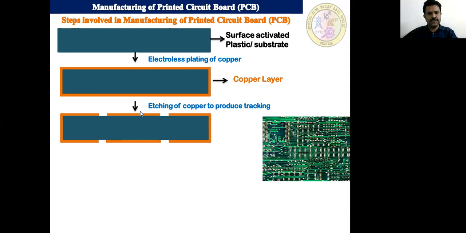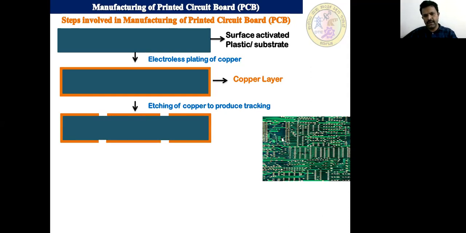That is the etching process to obtain a suitable circuit pattern. The required copper layer will be retained, and the copper layer in unwanted areas will be removed. That is the etching process. And finally, some tracks will be produced.